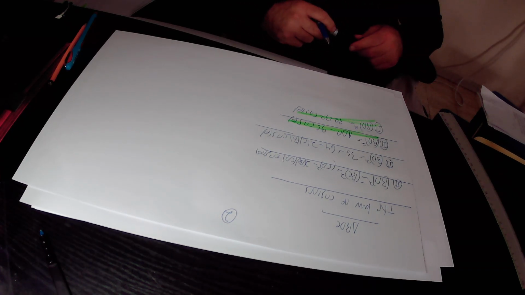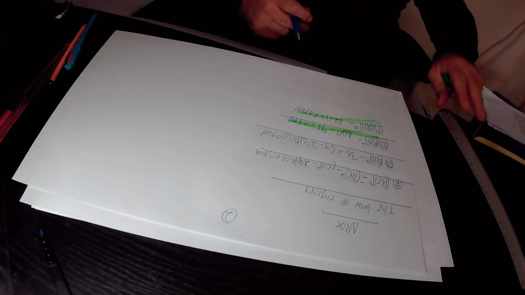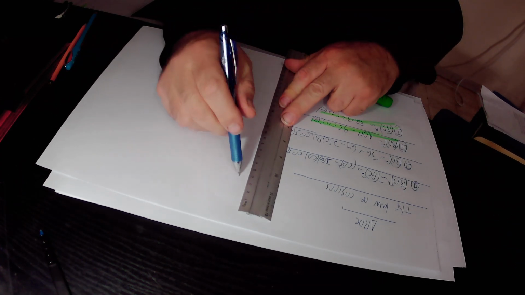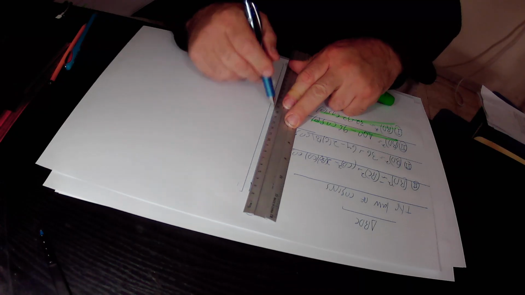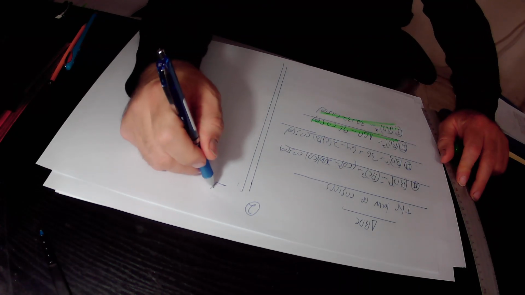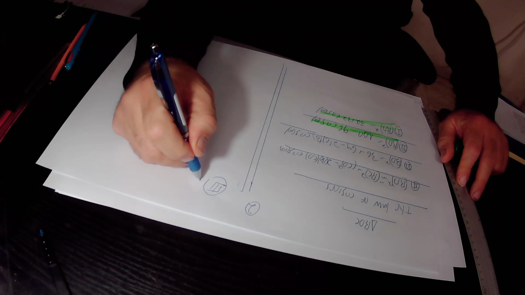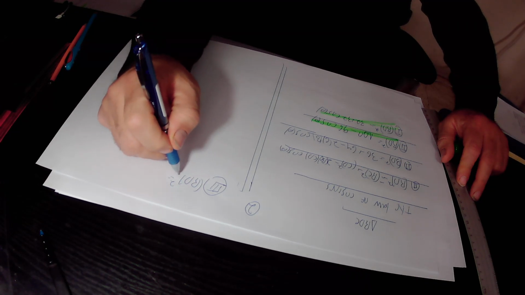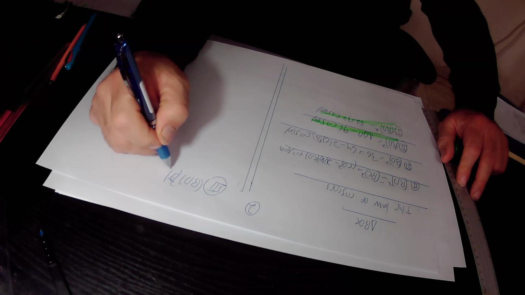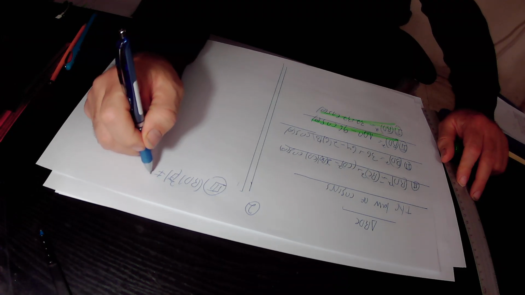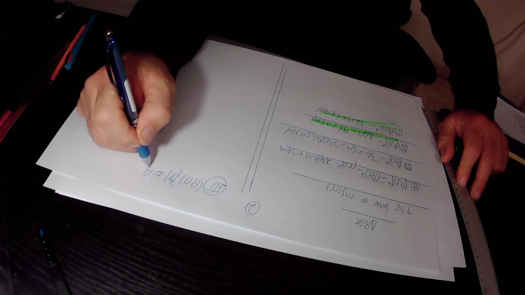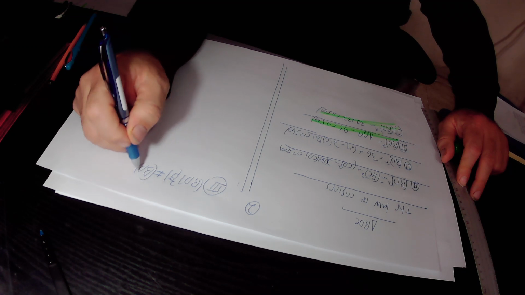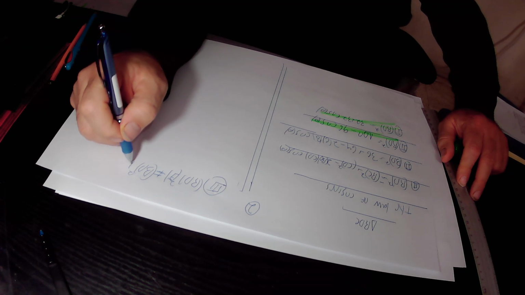Therefore, we get equation 3 that states that BD squared according to equation 1 must be equal to BD squared according to equation 2. Very simple equation.